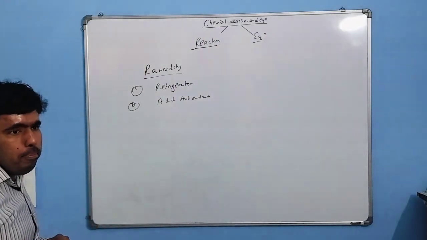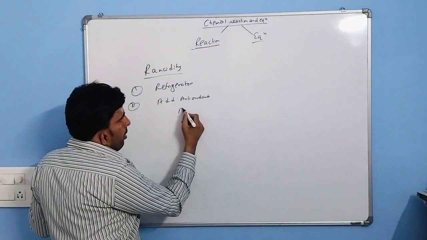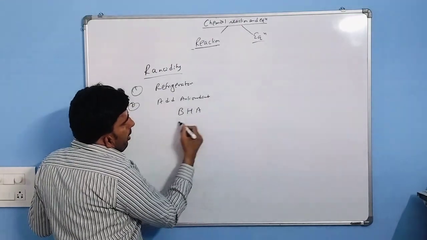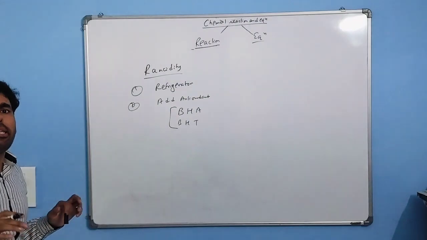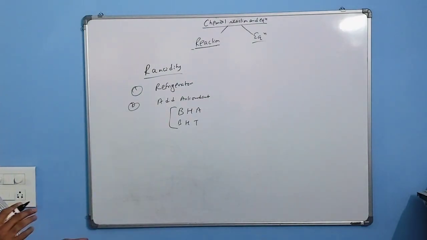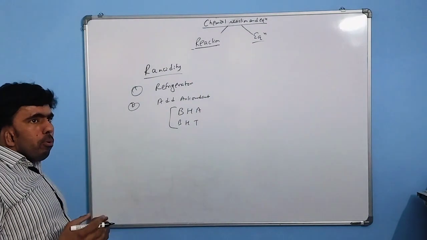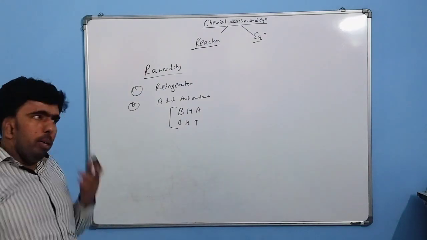I will give an example: BHA and BHT. These two kinds of antioxidants we can add so that we are able to avoid them getting oxidized in the presence of air.